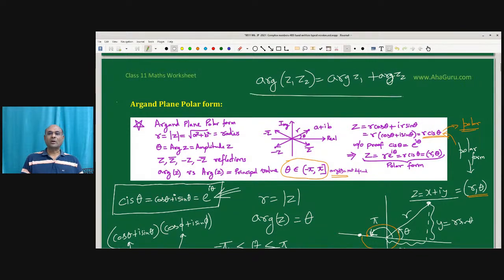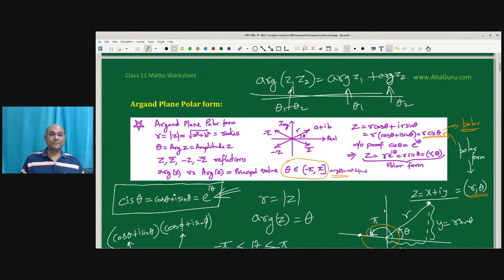You can come up with all these types of things. What is this saying? e power i theta 1 into e power i theta 2 is e power i (theta 1 plus theta 2). But what is this theta 1? What is that theta 2? So this is going to be theta 1 plus theta 2. This is going to be theta 1. That is going to be theta 2. Notice I'm using small a in argument. Small a just simply means one of the various angles.